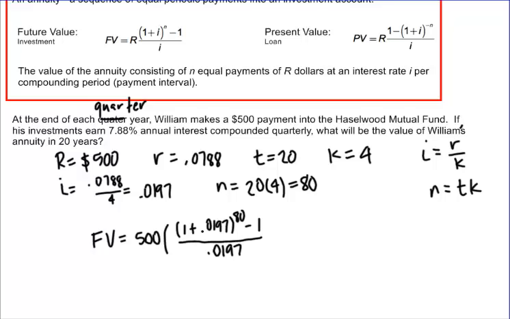And now all you do is punch all this stuff into a calculator and get an answer out. So when we do that, what we end up with is $95,483.39. How cool is that?